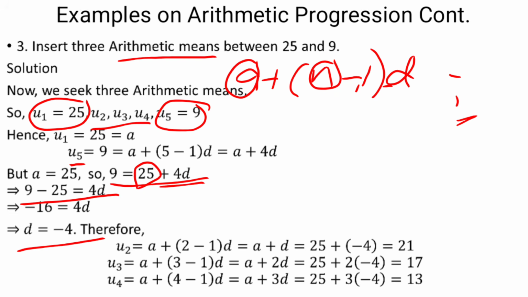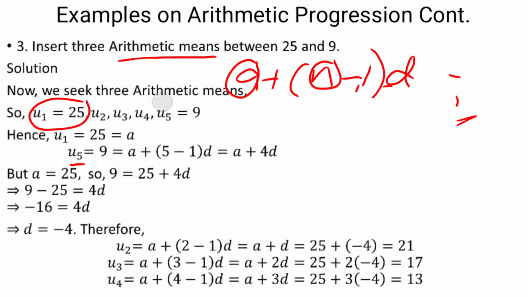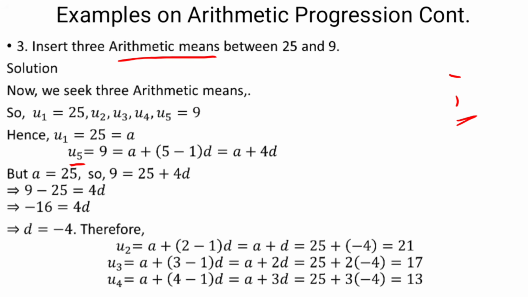So it means that if I know my first term to be 25 and the common difference is minus 4, to get U2, I just take 25 and add minus 4 to it. So that's what they've done here.